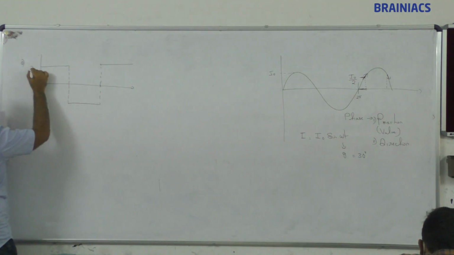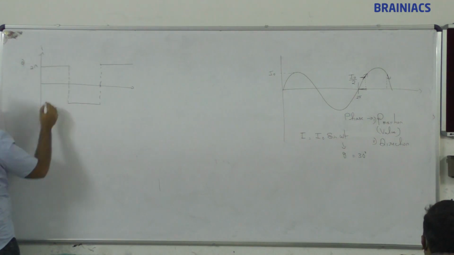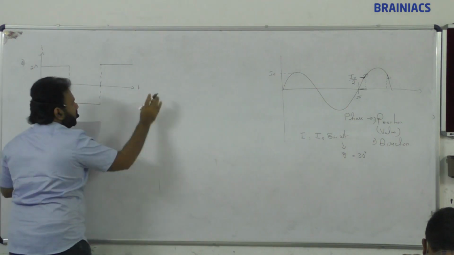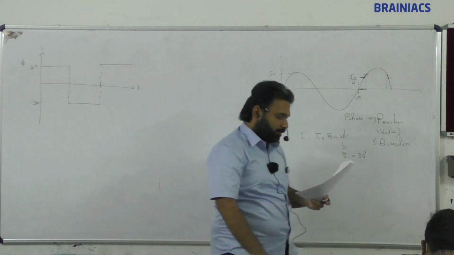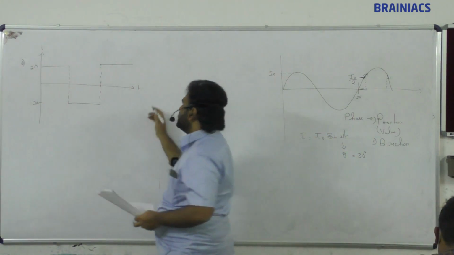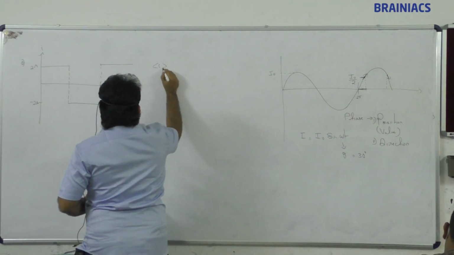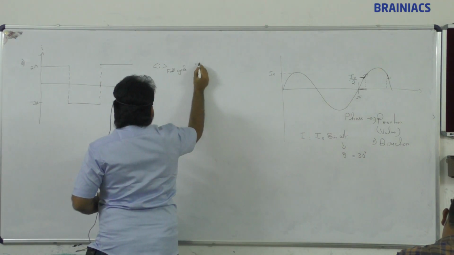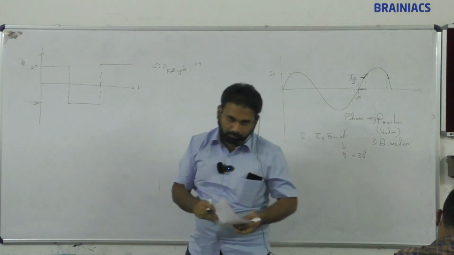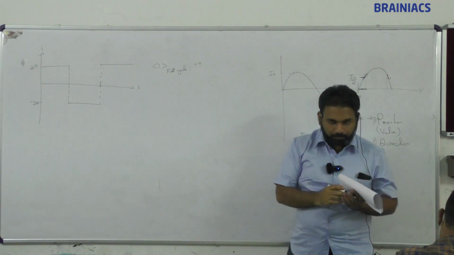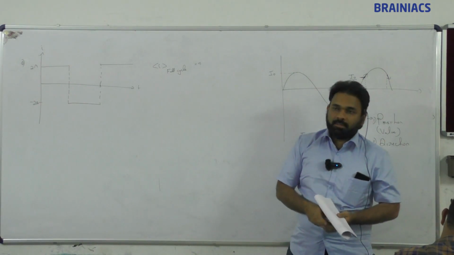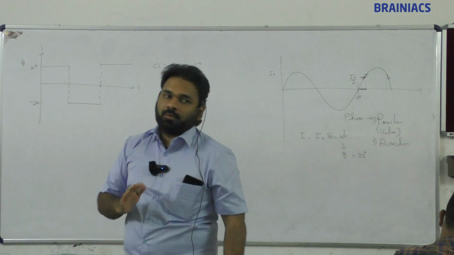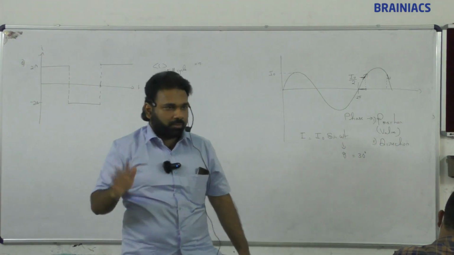Okay, so 2 ampere current, minus 2 ampere. What is the I average of this full cycle? I said I average or E average of cos, sine, everything will be 0. That we discussed.